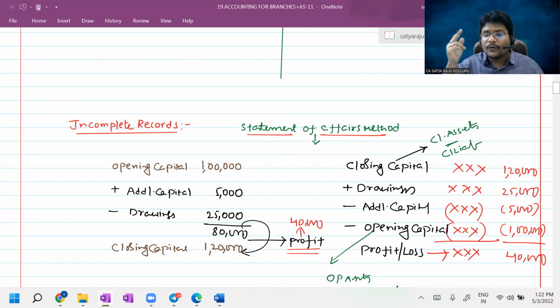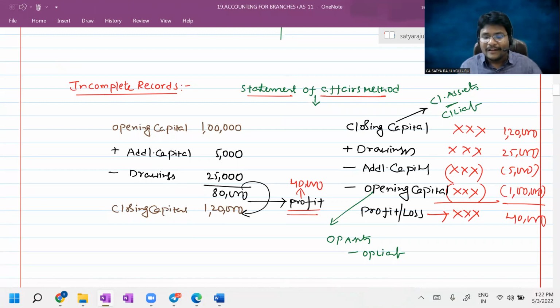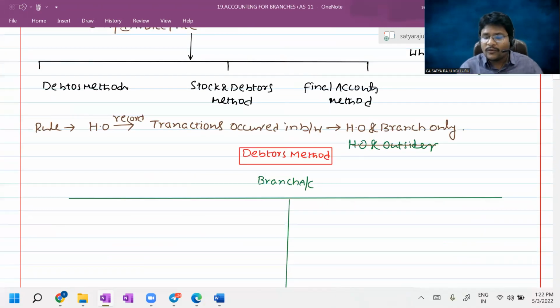But even without knowing sales and purchases and other expenses, do you derive the profit or loss? The same logic, even though we are not recording the transactions in between head office and outsider, we can still ascertain profit or loss. Even if you miss out some of the transactions of the branch, you can still ascertain the profit or loss of such a particular branch accurately by comparing closing capital and opening capital.